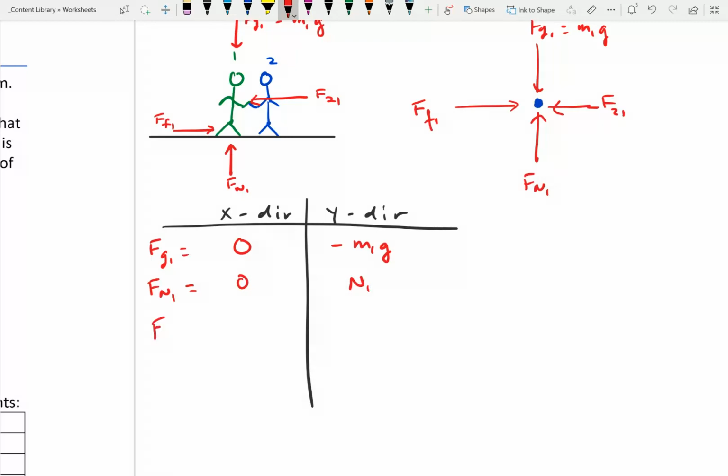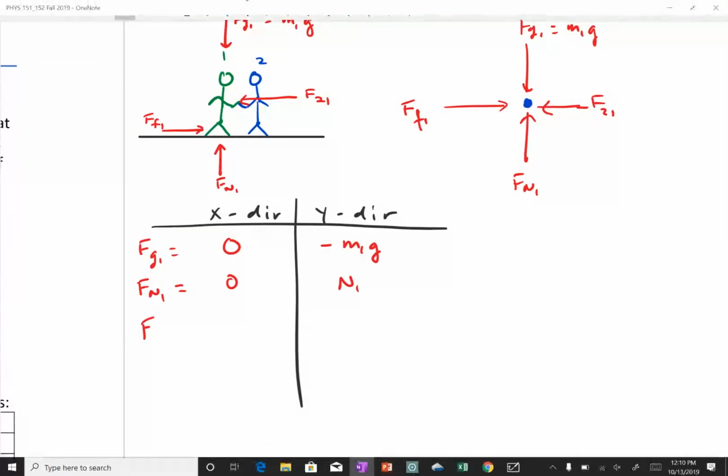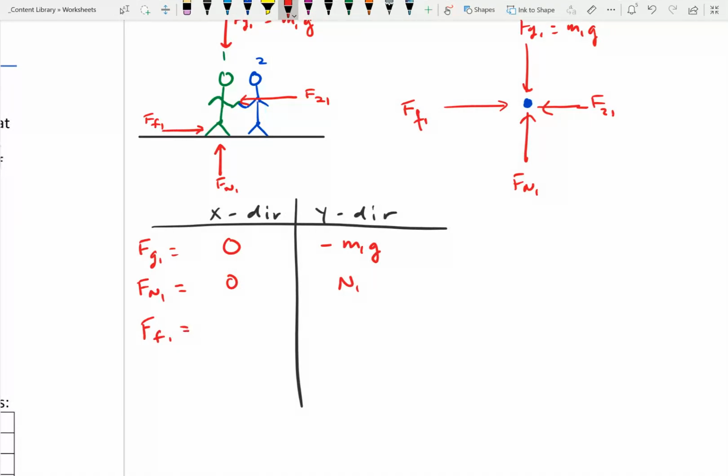Force of friction 1 is equal to, that's positive, mu, and I didn't specify, obviously he's sliding so it's kinetic, but let's just put mu times normal 1 in the x direction, 0 in the y direction. And force of 2 on 1 is equal to, it's in the negative, minus, I'm just going to call it A, and 0 in the y direction.